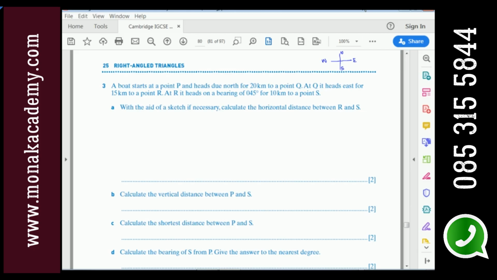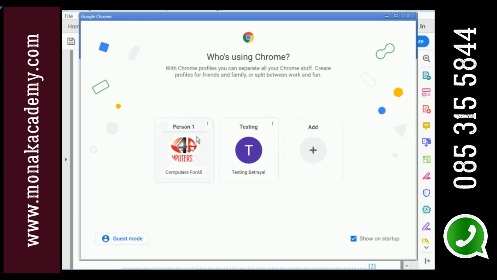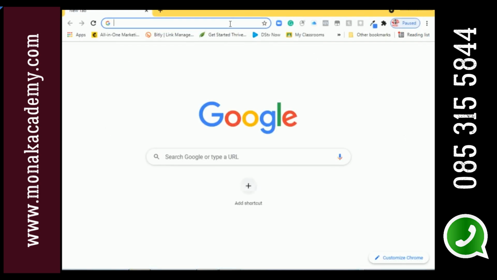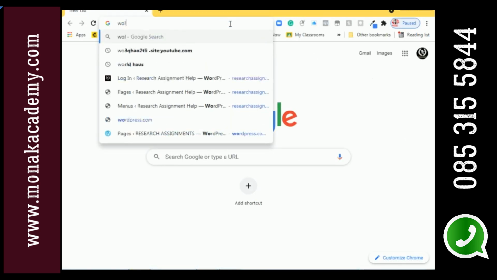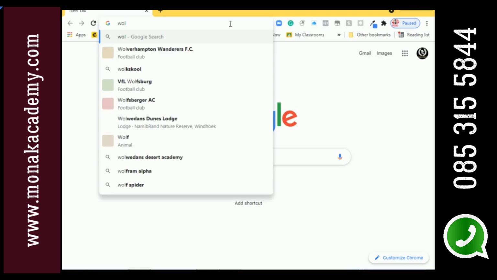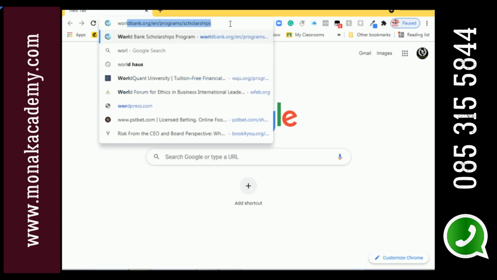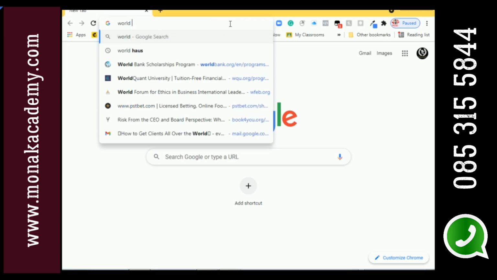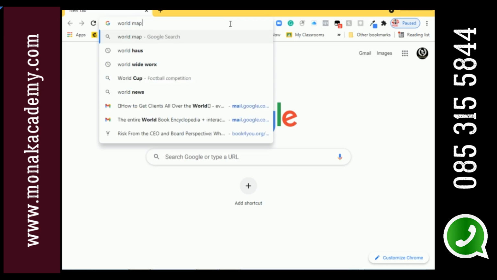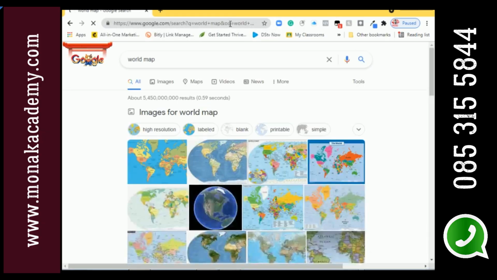In case you forget, think of what a world map looks like, where Africa is in relation to other continents like America. Let me show you how to remember it in another way. I'm sure you have heard that when we talk of countries like America, we say countries in the West.